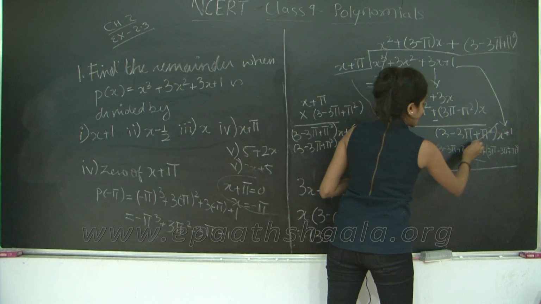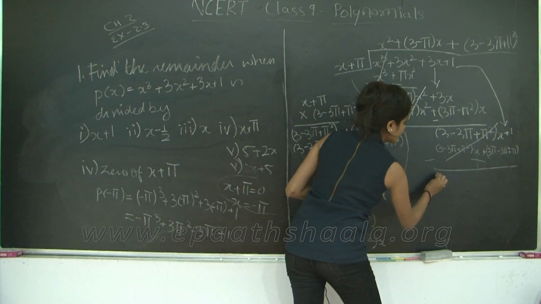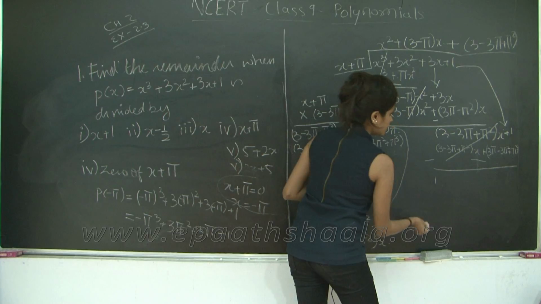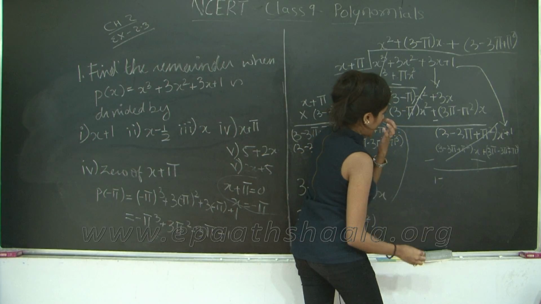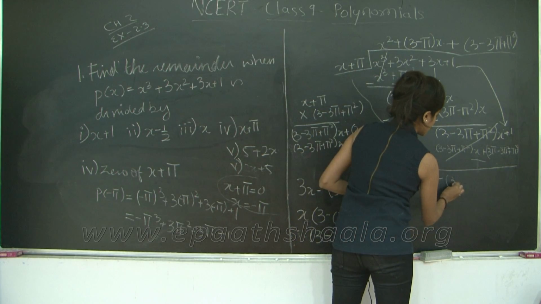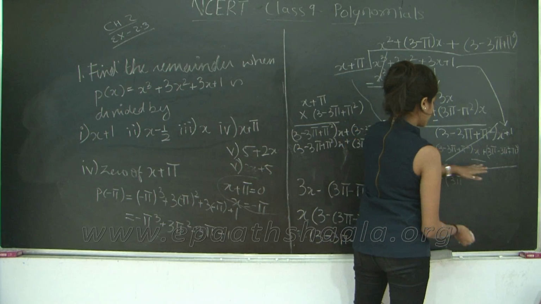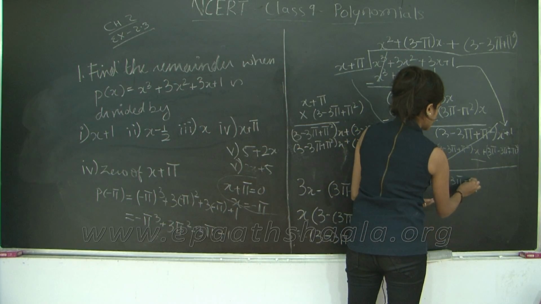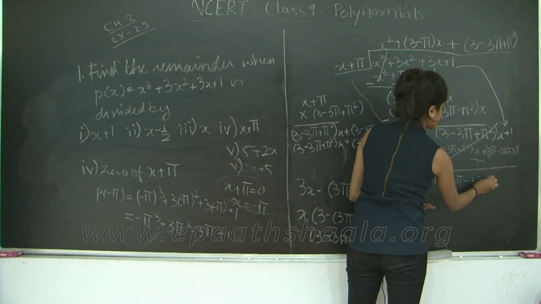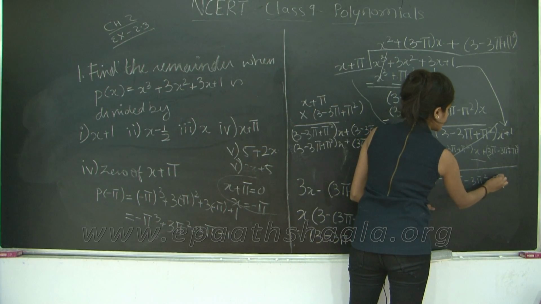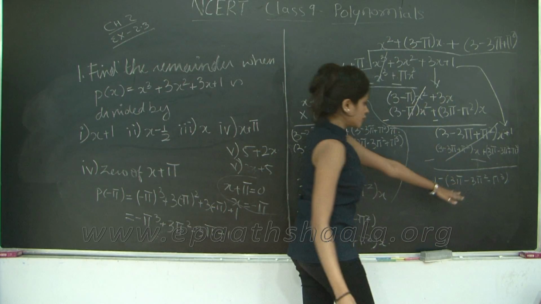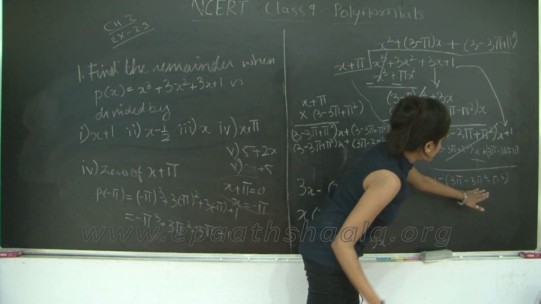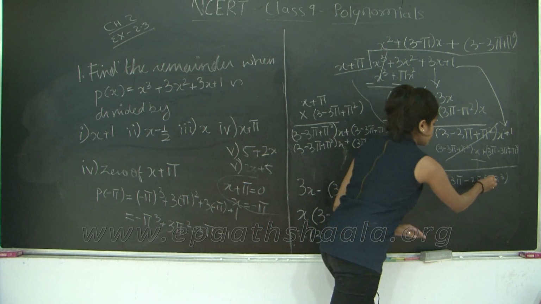This entire term cancels out, so you are left with 1 minus 3 pi minus 3 pi square minus pi cube. This can further be rewritten. Let me just check if this is plus.